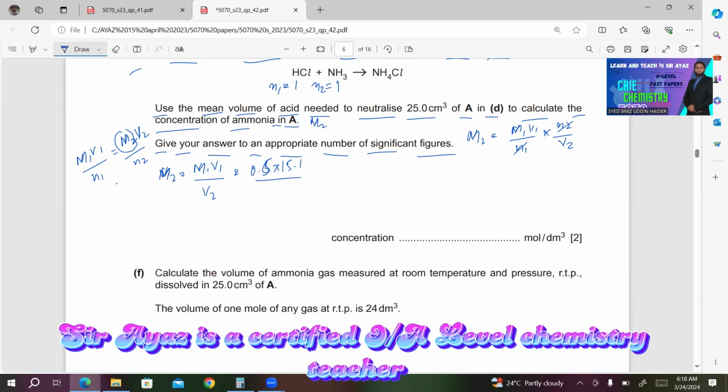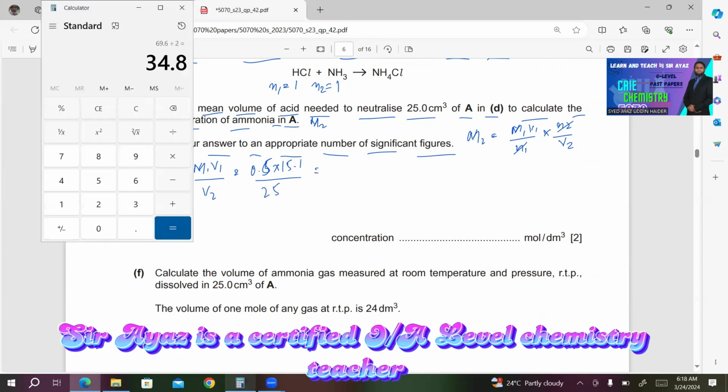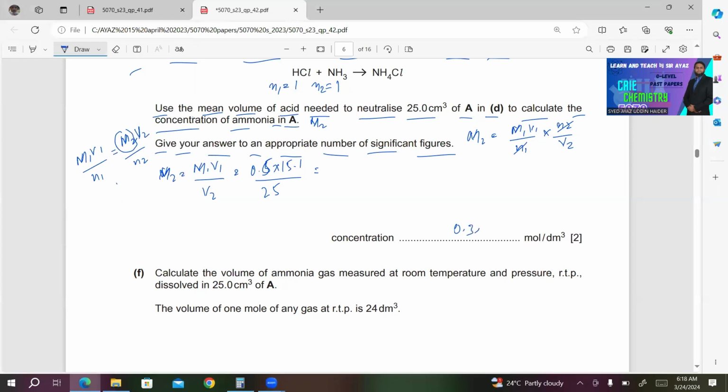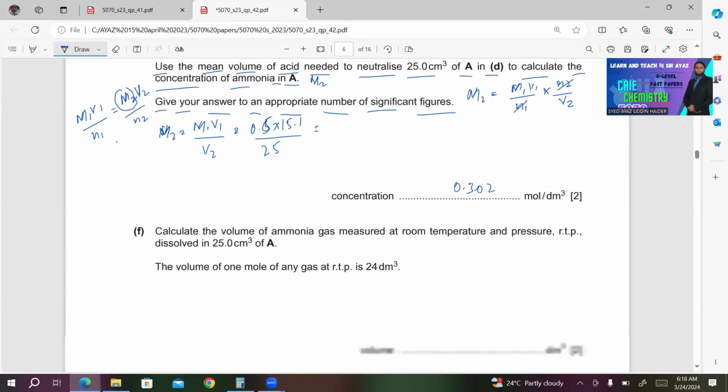And the volume of ammonia used is 25. So what will you get? 0.5 multiplied by 15.1 divided by 25. So the concentration is 0.302 moles per dm cube of ammonia.